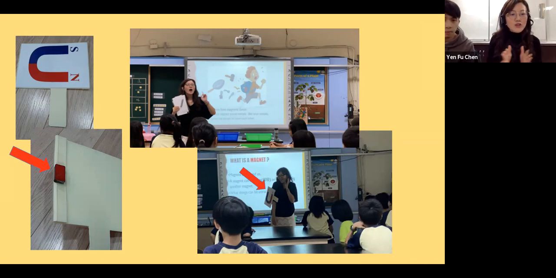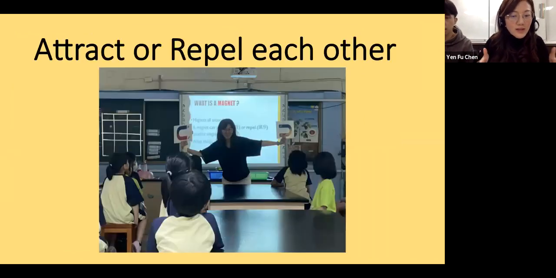Next, I told the students that magnets attract and repel. I used two magnet cards and exaggerated body language to explain to the students what attract and what repel mean. I say magnets can attract each other.